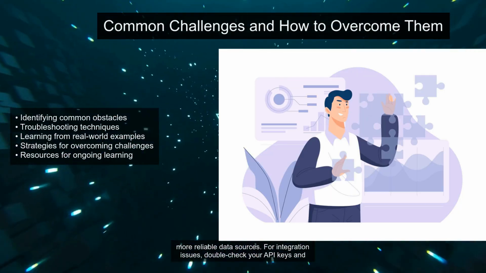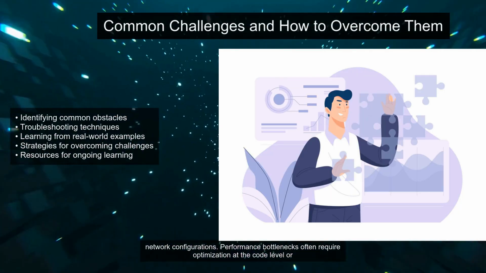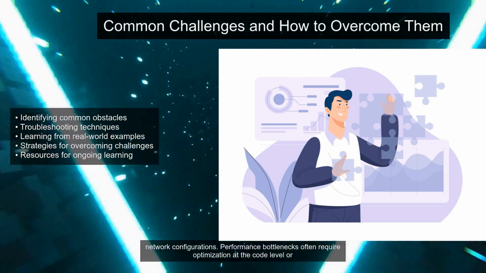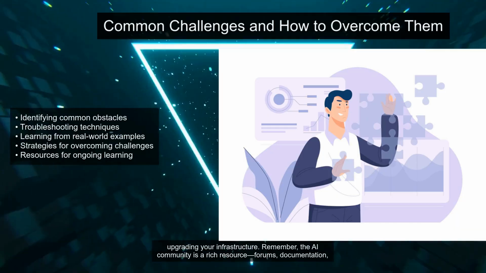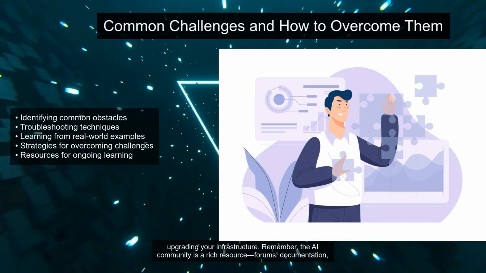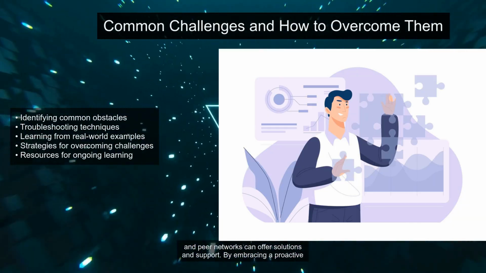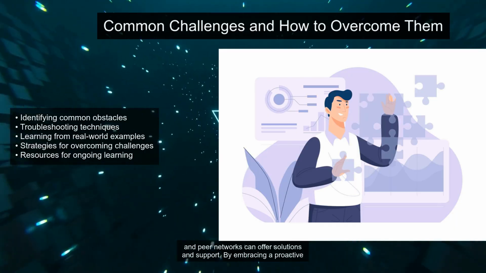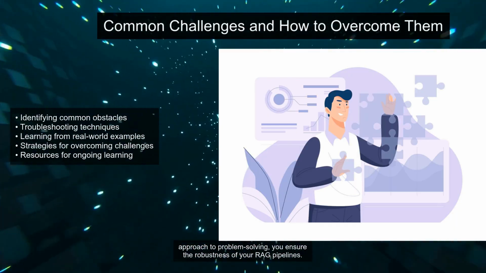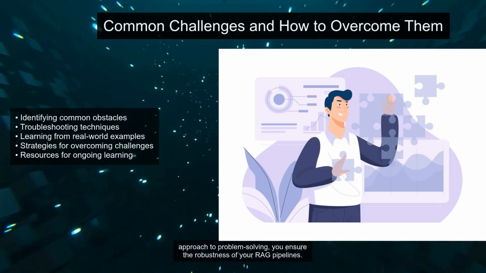For integration issues, double-check your API keys and network configurations. Performance bottlenecks often require optimization at the code level or upgrading your infrastructure. Remember, the AI community is a rich resource. Forums, documentation, and peer networks can offer solutions and support. By embracing a proactive approach to problem solving, you ensure the robustness of your RAG pipelines.